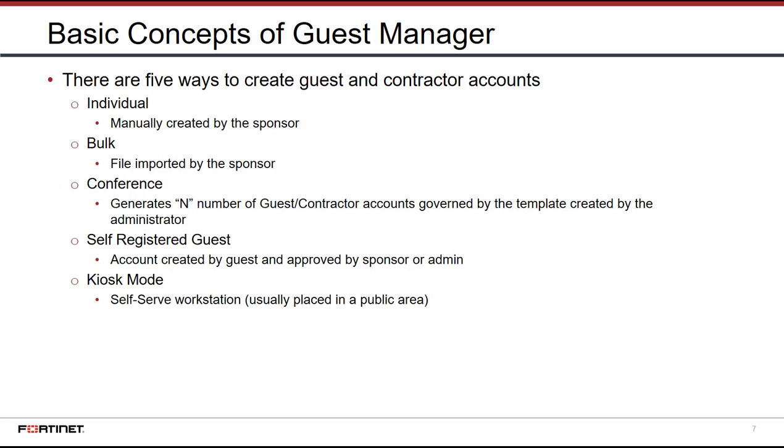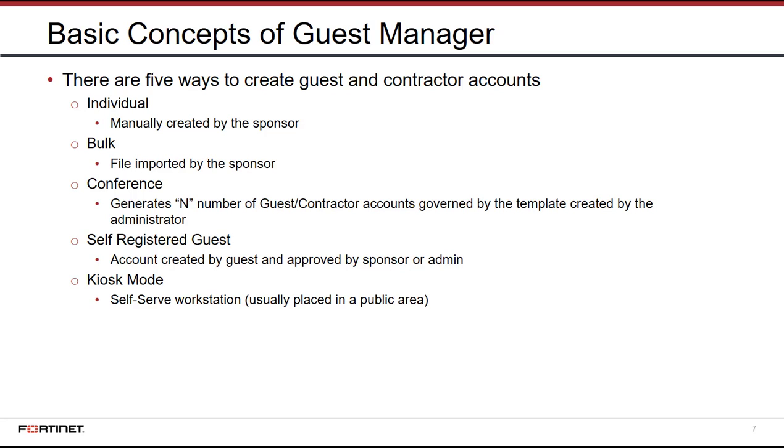There's the conference option where the sponsor really initiates the creation of these conference accounts by giving the conference a name and a start and end time and designating how many accounts they need, but then the Fortinac builds all of those accounts. There's the self-registered guest. Now, the self-registered guest is really offloading the account creation to the guests themselves, where the guest will connect to an open SSID, for example, and be captive portaled and have to fill in the appropriate information for the account to be created.